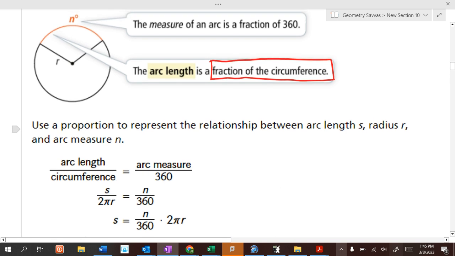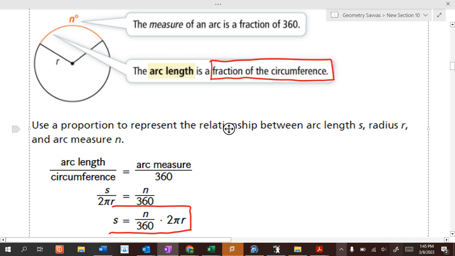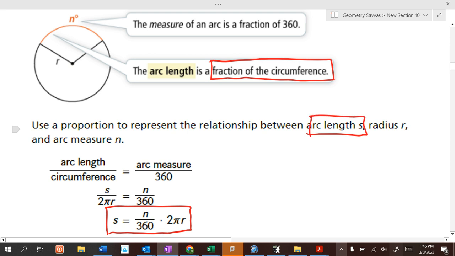So the arc length divided by the circumference equals the arc measure divided by 360, or we follow this formula. Arc length, and arc length is S. Arc length equals an angle divided by 360 degrees times 2 pi r.